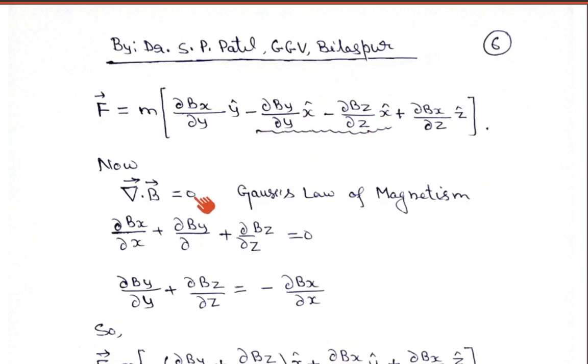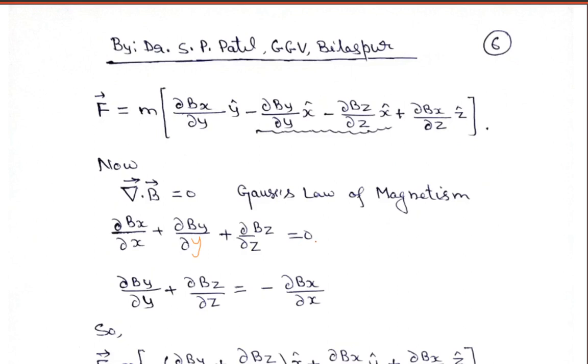And again, we know from Gauss's law of magnetism that divergence of b is equal to 0. So if you take the divergence, del bx upon del x plus del by upon del y plus del bz upon del z is equal to 0.